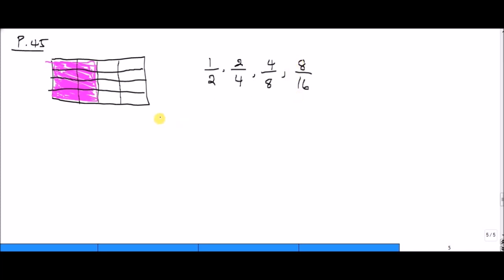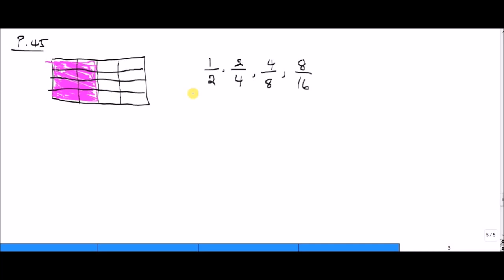We can clearly see that each time we added lines, the value, the amount of the shaded portion did not change, but the name changed. The more lines we added, the more the name changed, but the value did not change. Basically, that's what equivalent fractions are.